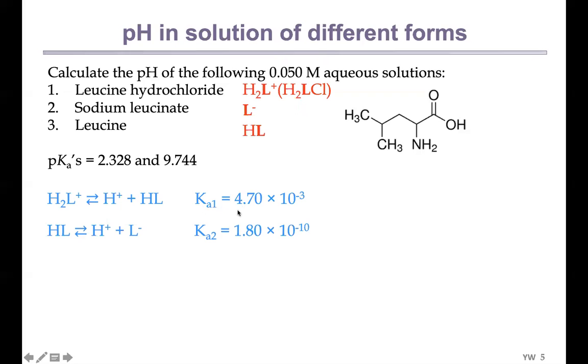And once you know Ka, you can also calculate Kb, right? So how do we calculate Kb? For example, Kb1, Kb2. Still remember? Okay, so this one is 10 to the negative 14 divided by Ka1 or Ka2 if you're dealing with Kb1. Ka2 actually.